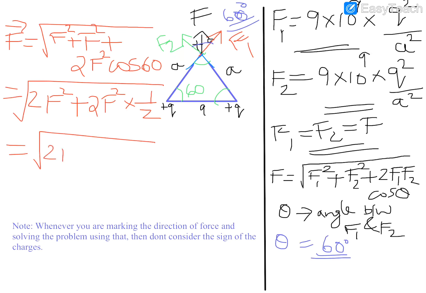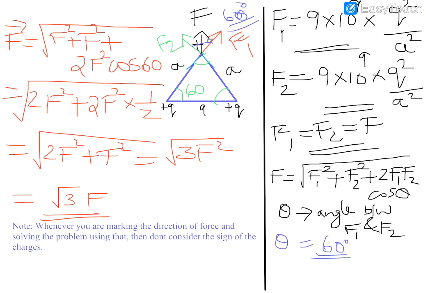So here you will get 2F square plus, second term, 2 and 2 will cancel and only one term will remain. This is root 3F square. Root 3F square is nothing but root 3F. So the resultant force is root 3F.